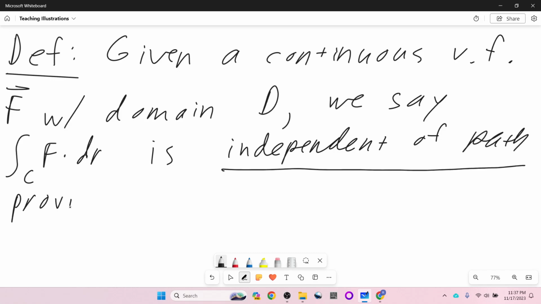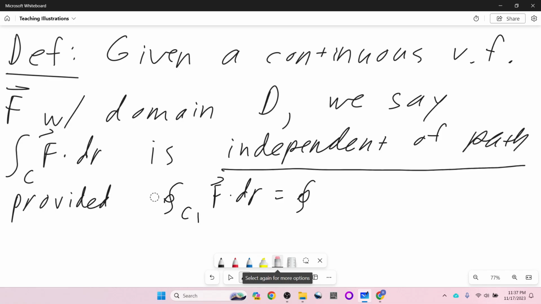provided the integral along C1 of F dot dr, oh, this should have a vector arrow on it, is equal to the integral, sorry, I'm thinking of complex. Now they have those little circles on them. Don't worry about what that means. That's something else.